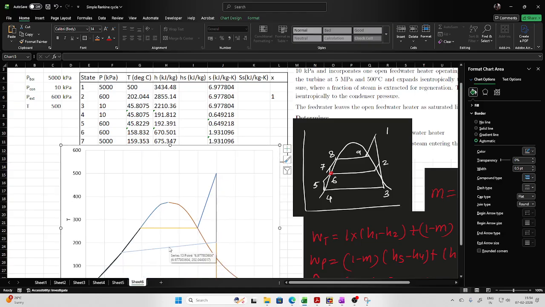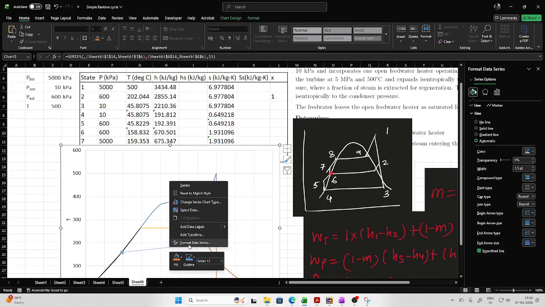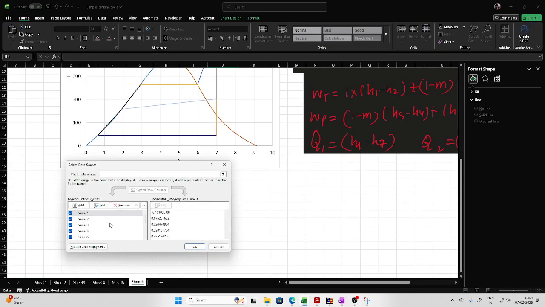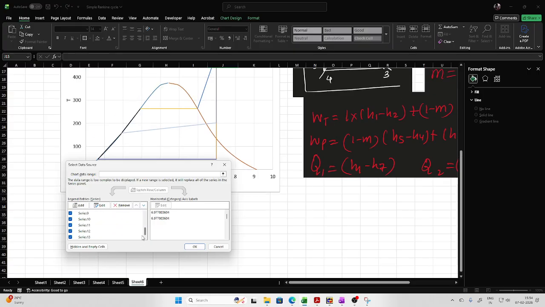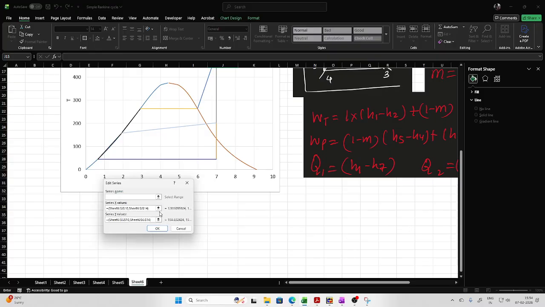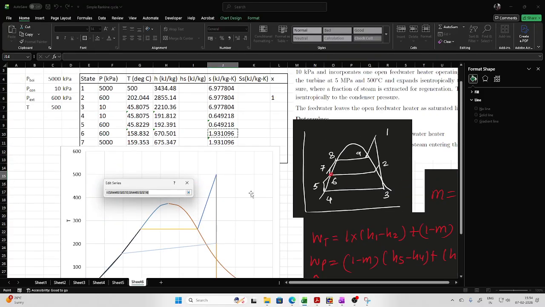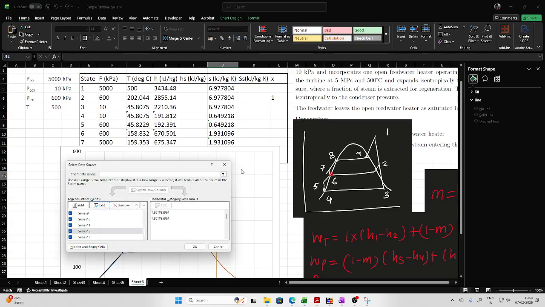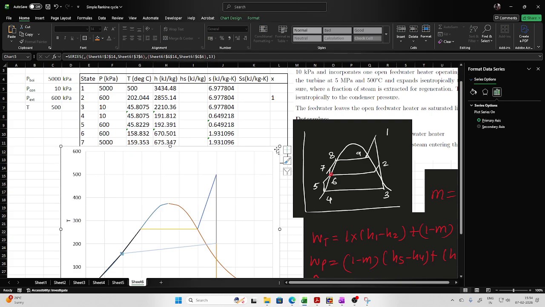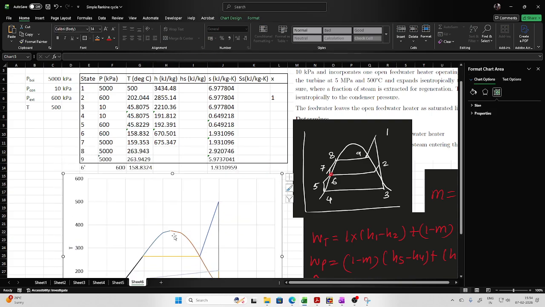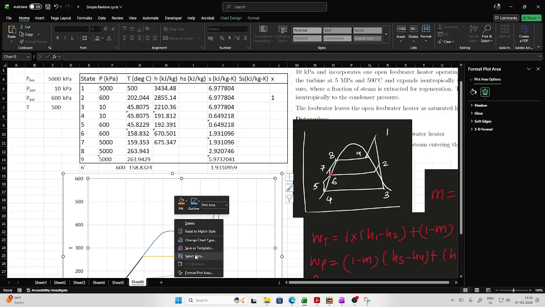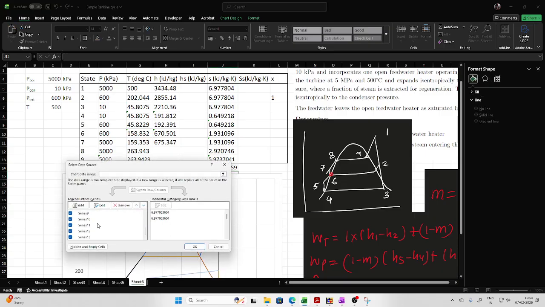So let us check it. Select data. Let us see the last one first. Edit. So what is the x-axis? Once more we do what? We have to first cancel it. We have to bring it down first. Okay, now select data, edit.